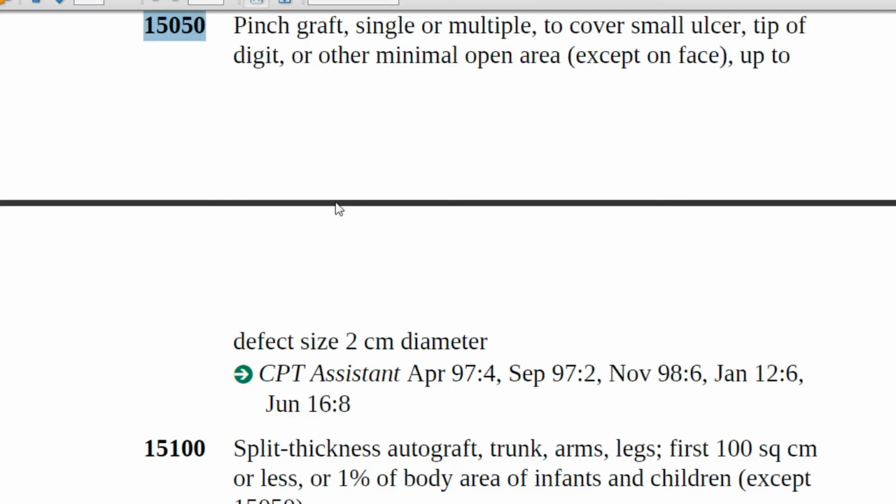Because the diameter of the defect and the donor site is 2 cm or less, the provider closes the donor site and applies the graft to the recipient site, such as a small ulcer, toe tip or fingertip, and finally closes the site with a sterile dressing which enables healing.